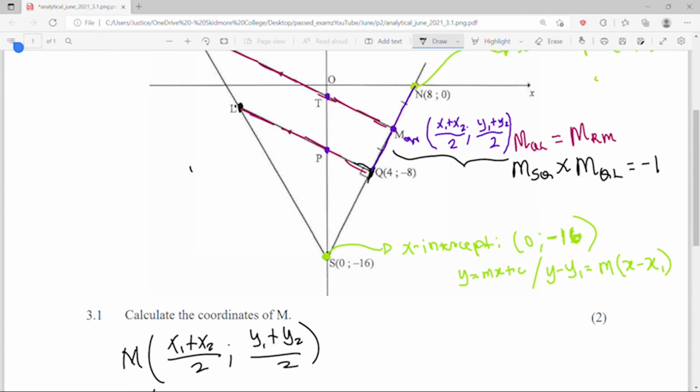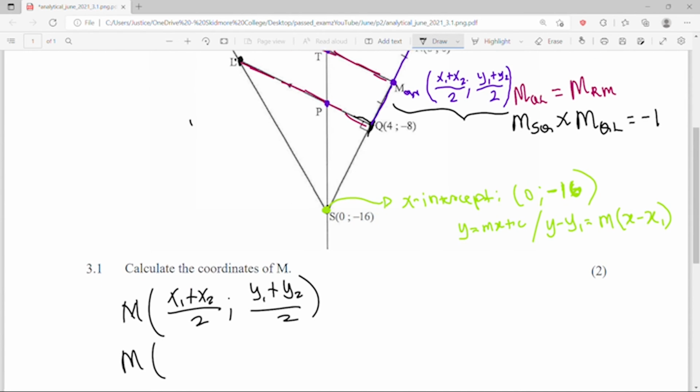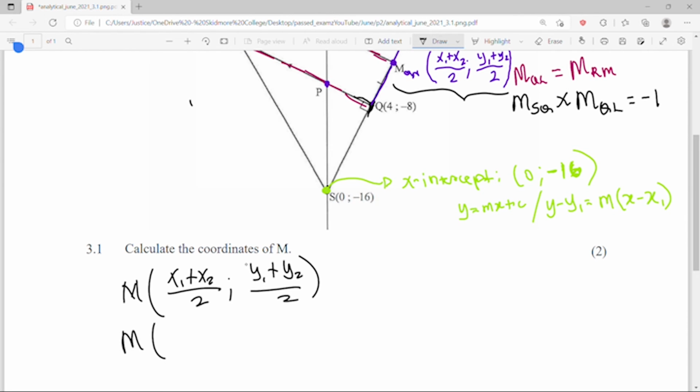We're just going to substitute our values there of the 2 points, Q and N, right? So this is going to be (4 + 8)/2, and (-8 + 0)/2. And the rest is computational.